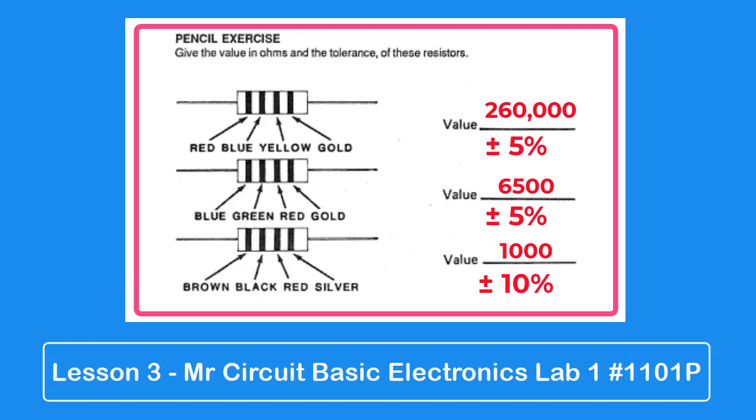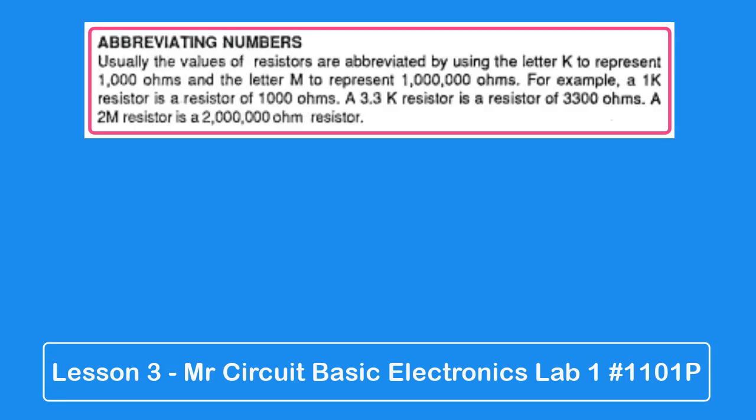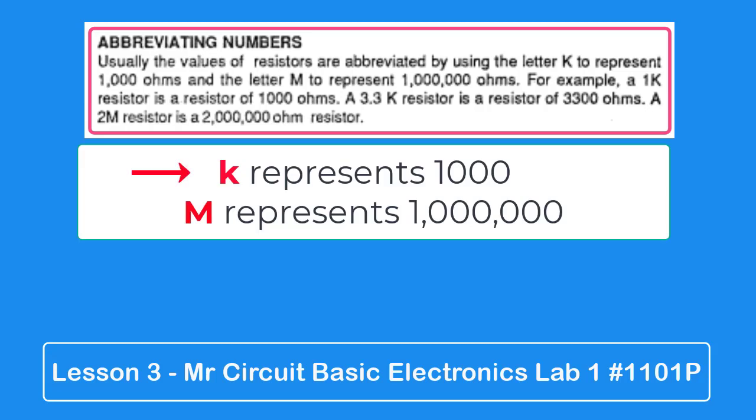Now, just a little note, abbreviating numbers. Usually the values of resistors are abbreviated by using the letter K, actually a small letter K. We show a large one here, but they usually use a small letter K to represent 1000, and the letter M to represent 1,000,000.